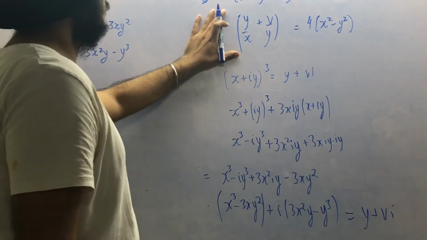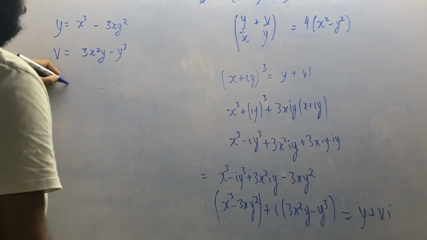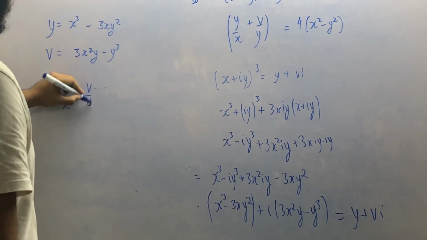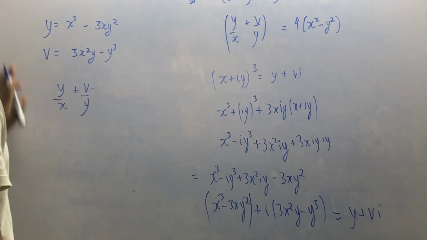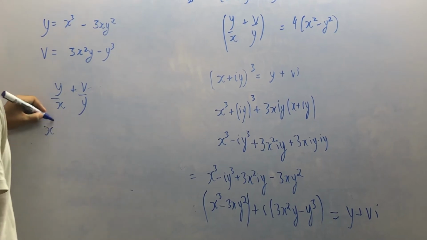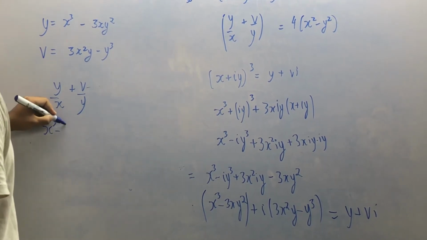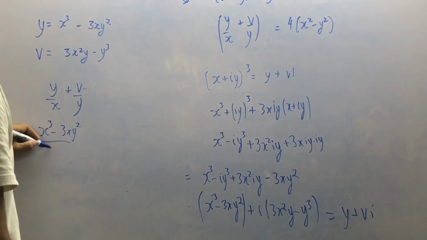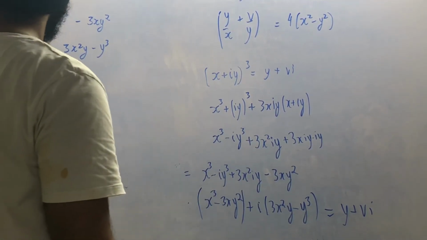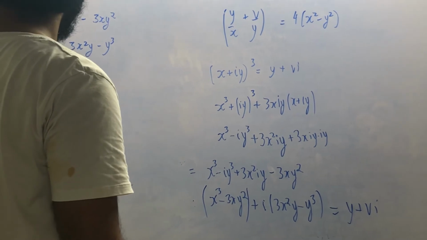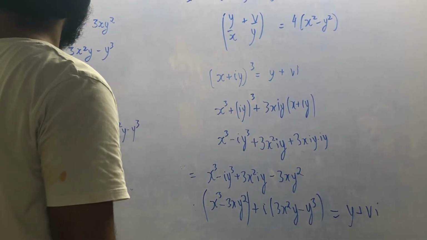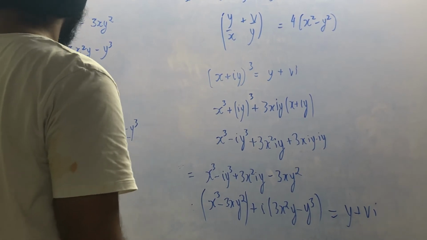So just substitute these values in this expression, u upon x plus v upon y. x cube minus 3xy square divided by x plus 3x square y minus y cube upon y.